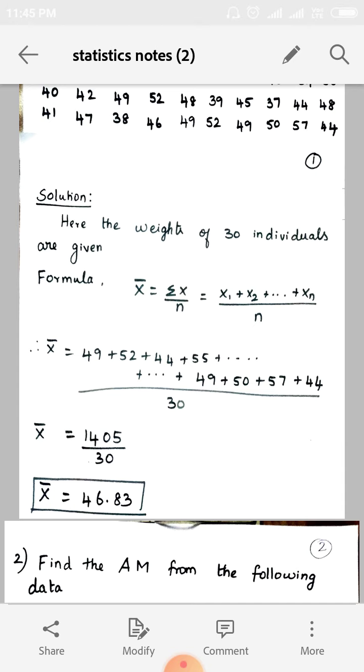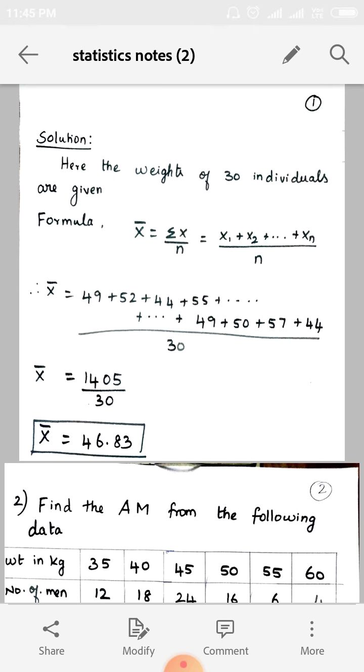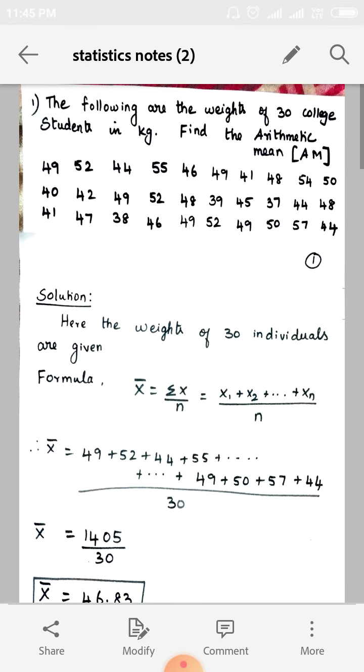Adding all the 30 values, we get the sum as 1405 divided by 30. So 1405 divided by 30 is nothing but 46.83. That is nothing but x bar, the arithmetic mean. The arithmetic mean value x bar is equal to 46.83. That is the arithmetic mean for the 30 college students' weights.